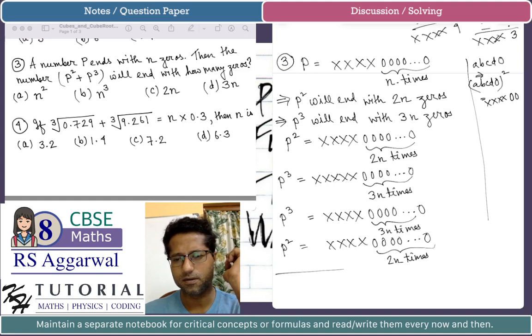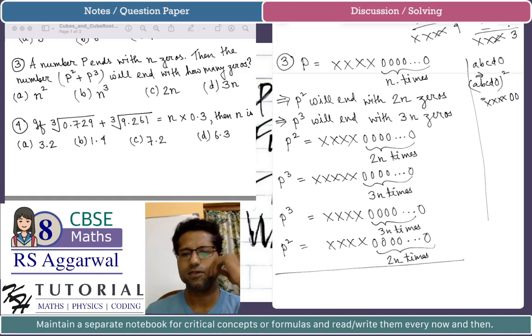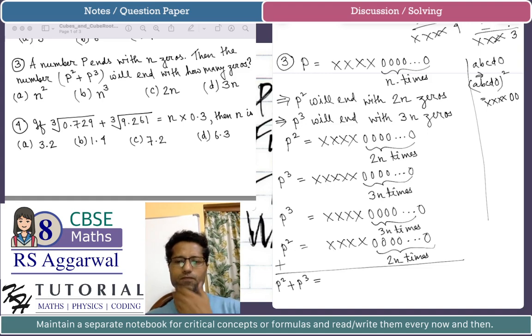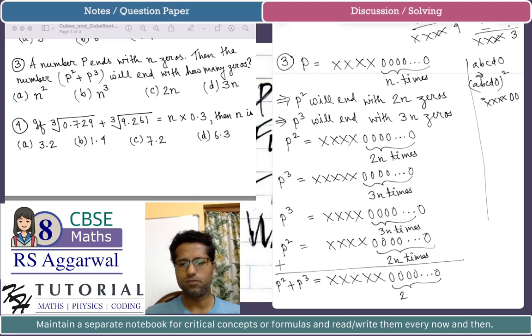Now just give it a thought and try to understand that p, then if we add p square plus p cube will be something like this. This x will be some digits, and definitely at the end it will have 2n zeros, 2n times.